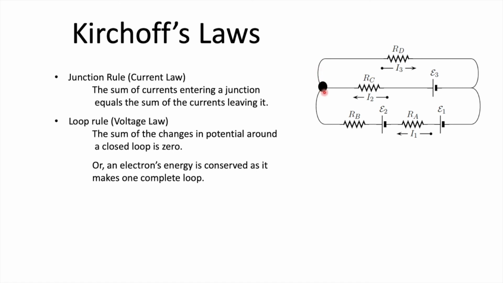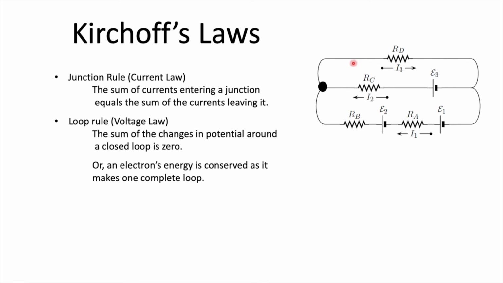Our test charge is always positive. So let me take this test charge along current I3 in this direction. I'm starting at that point, and for this test charge we are measuring the changes of potential.